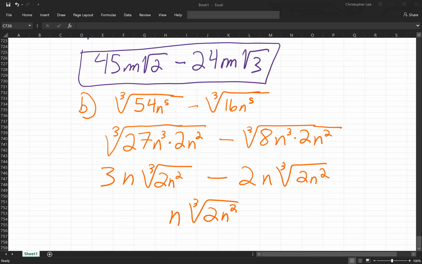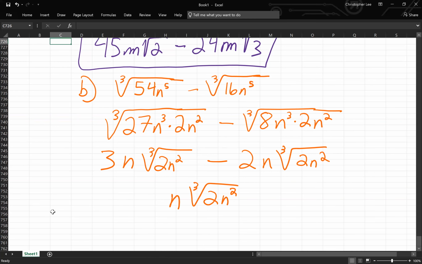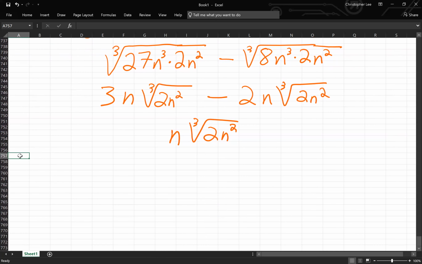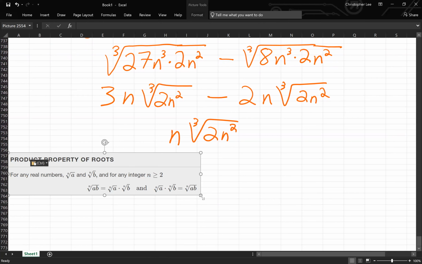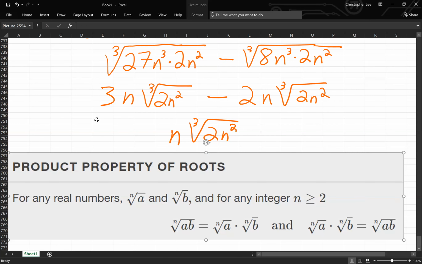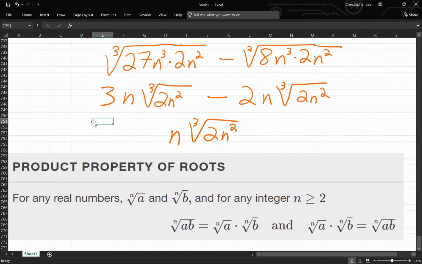With that being said, let's look at the second part of the homework. Before we do that though, I just want to do a little refresher real quick. You guys remember the product property of roots?